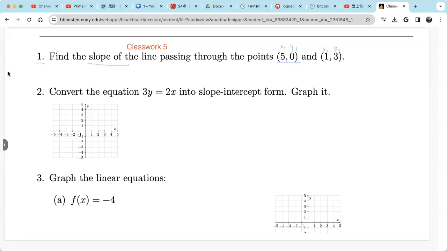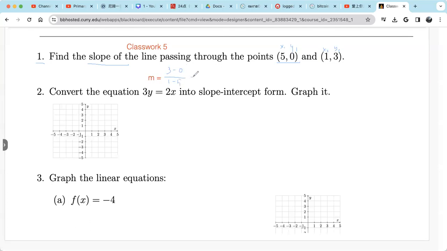Okay. Then the slope we call m, right? We use m to represent the slope. Slope equals y2 minus y1 divided by x2 minus x1. So y2 is 3, y1 is 0, divided by x2, which is 1, minus x1, which is 5.